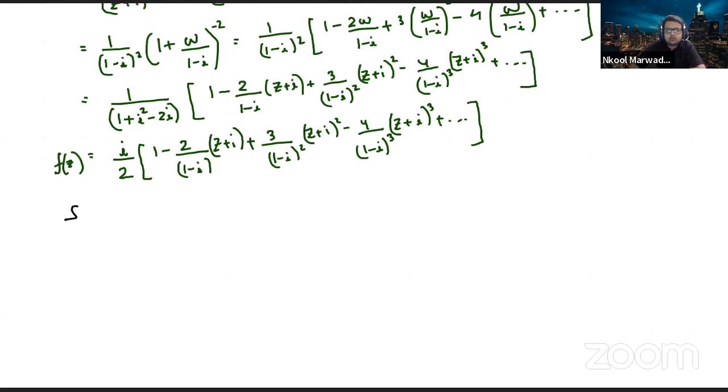Solving the above problem using Taylor's formula, or Taylor's theorem.